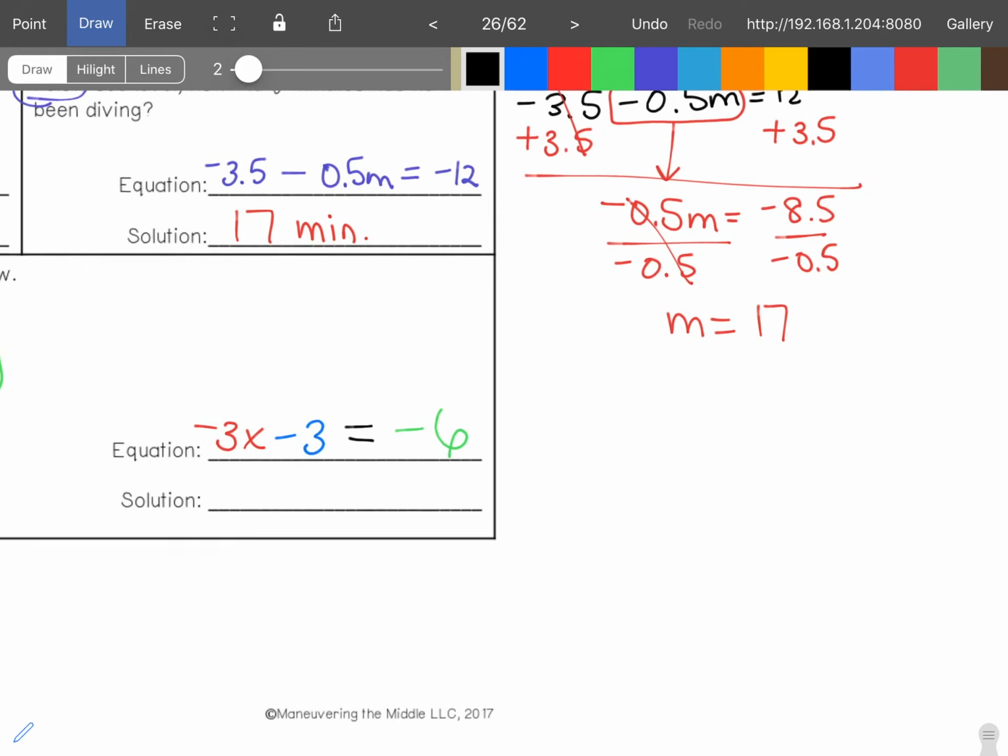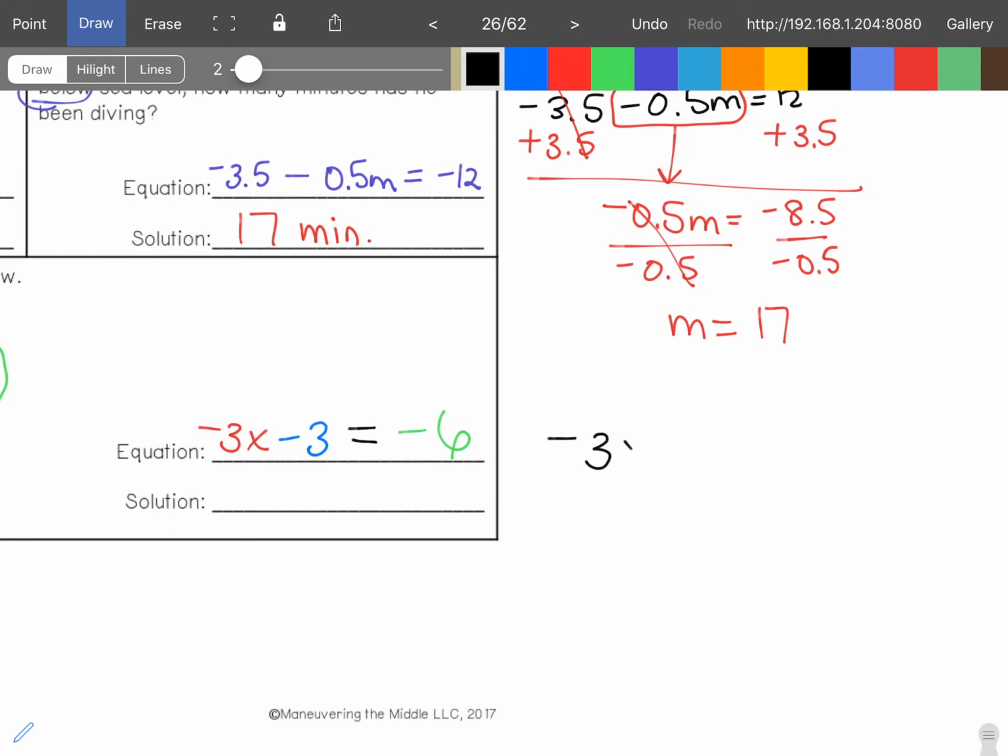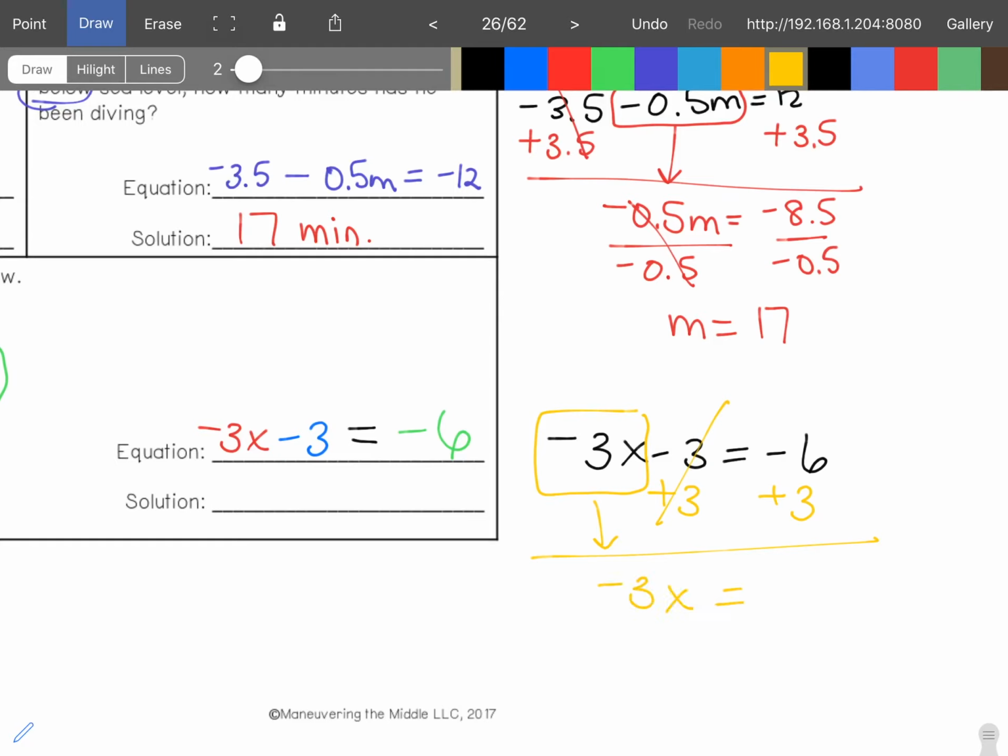So find some room on your paper. I think I'm going to go out to the side here. And remember, I'm going to box in the term with the variable. I'm going to get rid of that minus 3 by adding 3 to both sides because that's the inverse of subtraction. Bring down the negative 3x equals, what would a negative 6 plus 3 be?